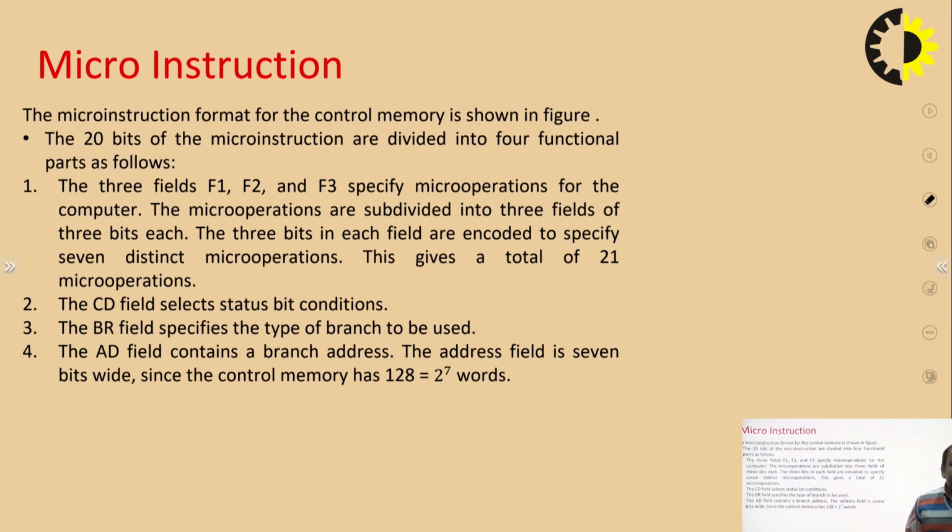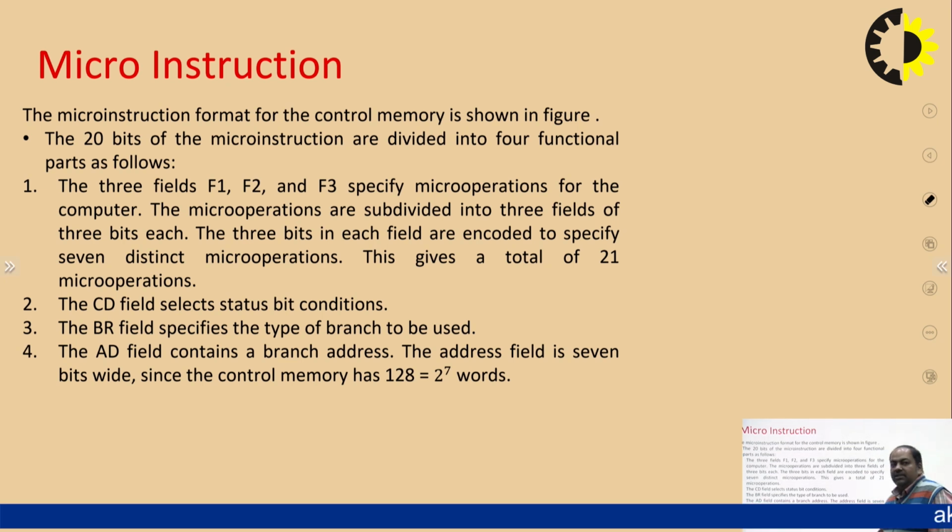The 9 bits are for F1, F2 and F3, and each field describes 7 distinct micro operations, so the three fields constitute a total of 21 micro operations.